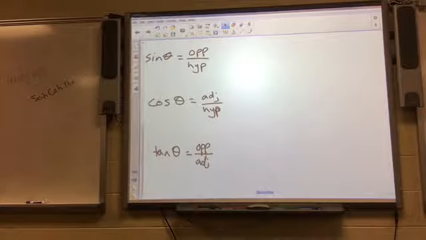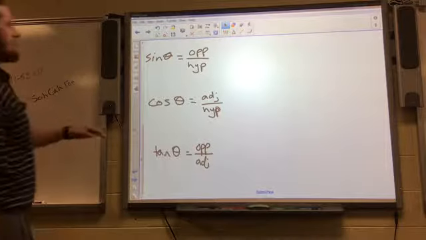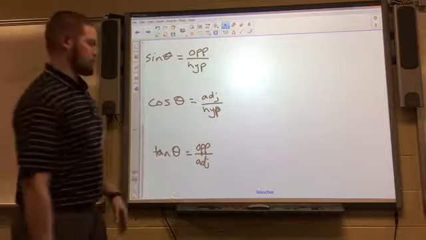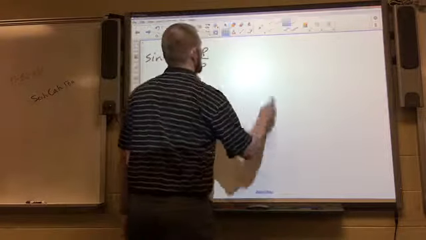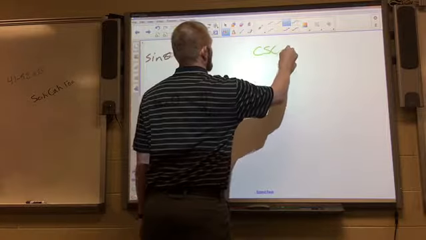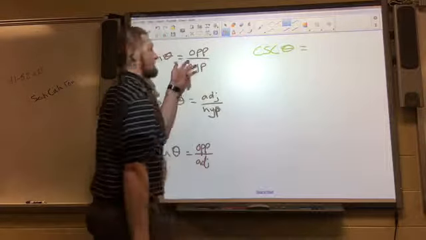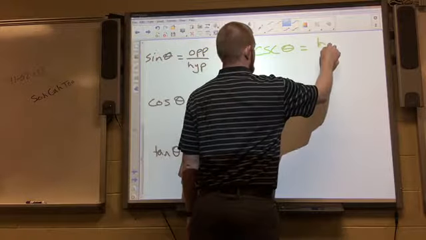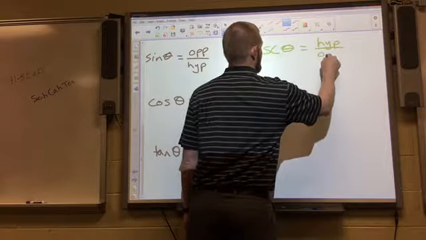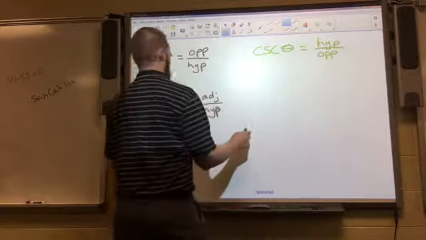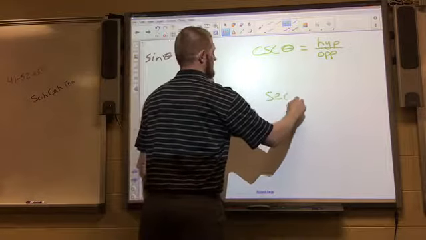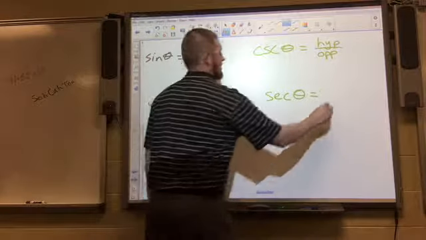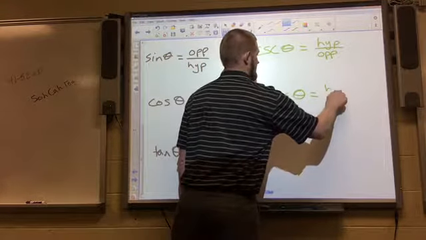The next three trig functions we're going to learn are the inverses of these. So your cosecant of theta, if it's the inverse of sine, is going to be what? Hypotenuse over opposite. Your secant of theta is going to be hypotenuse over adjacent.